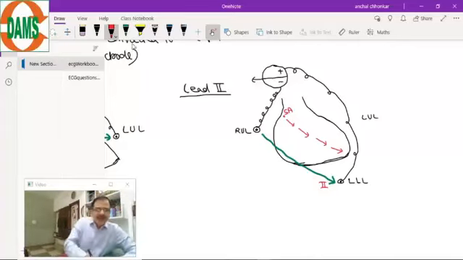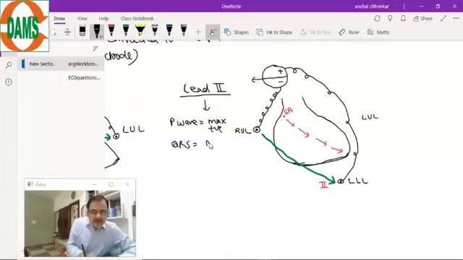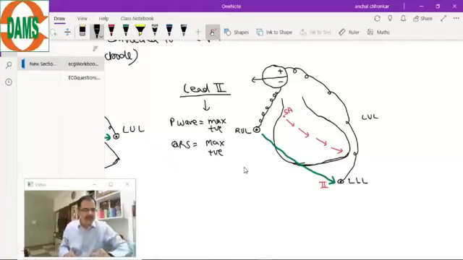So what will be the P wave in lead 2? Remember, the P wave will be maximally positive, and the QRS maximally positive. Yes, it will show maximum deflection, because it is parallel and along the line of the normal direction.